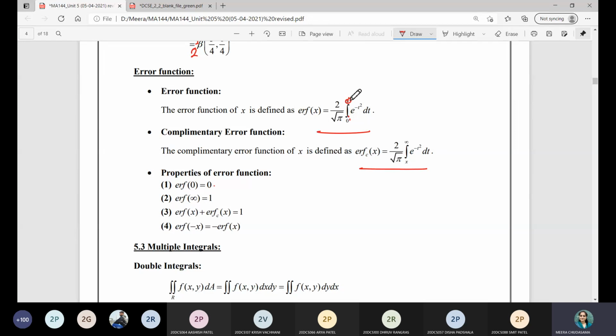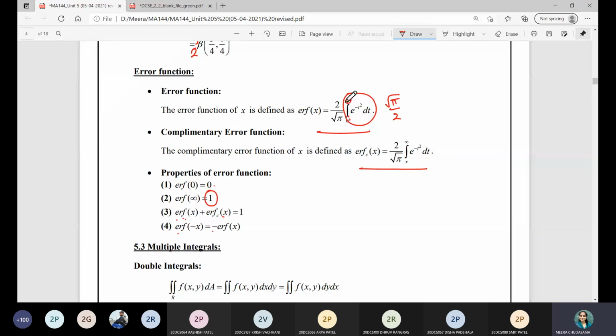At infinity, when you solve it, it becomes the Gaussian integral, and solving it you will get the answer square root of pi by 2. So that will cancel and finally you will get the answer as 1. As I have said, whenever you add the error function and the complementary error function, you will get the corresponding area equal to 1.